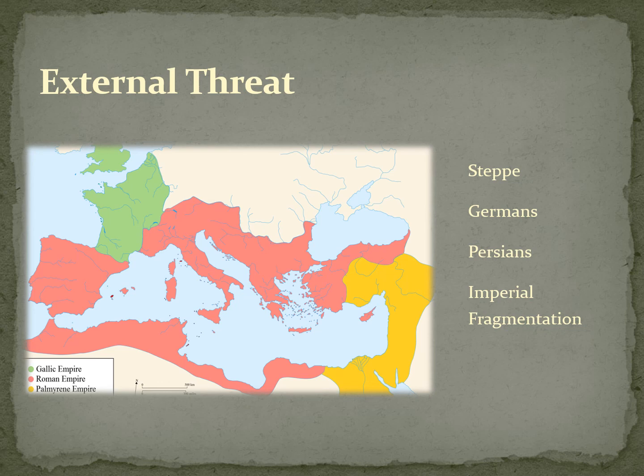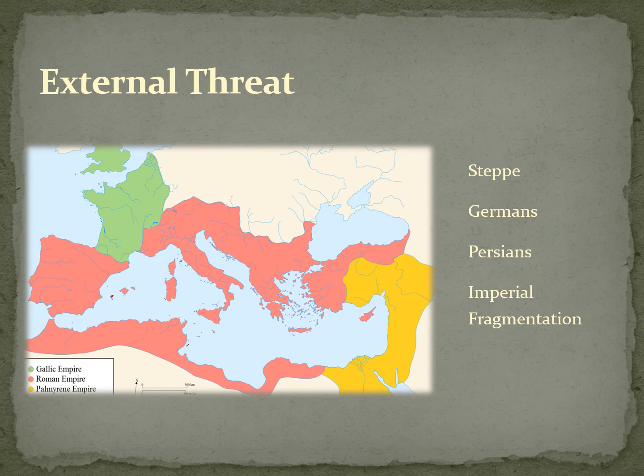Also, to the far west and north, there was frustration with the Germanic barbarians. And so a Roman governor by the name of Postumus had some success against the Germanic barbarians, and his soldiers elevated him as the emperor of what became known as the Gallic Empire, comprising the modern-day countries of Great Britain, France, Belgium, and the Netherlands.